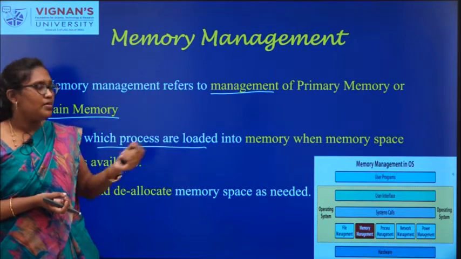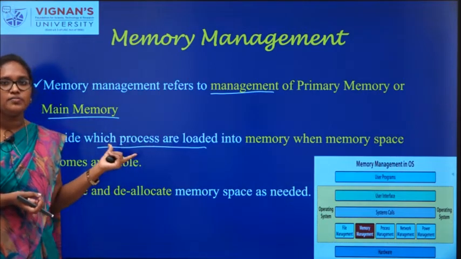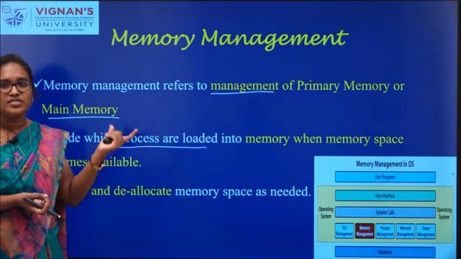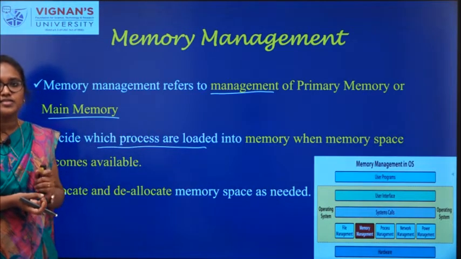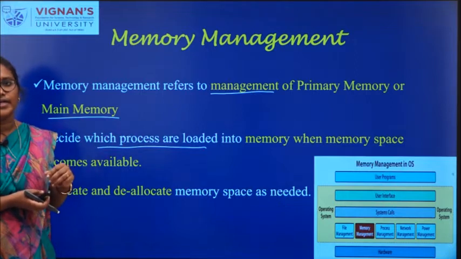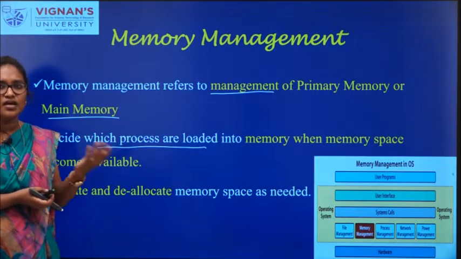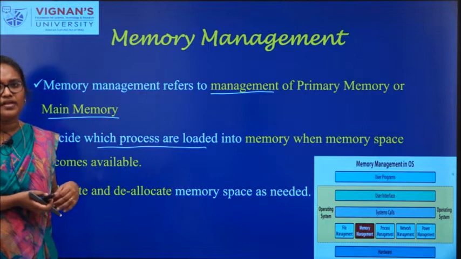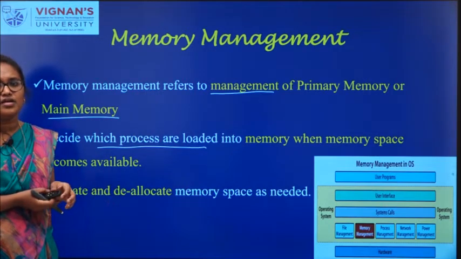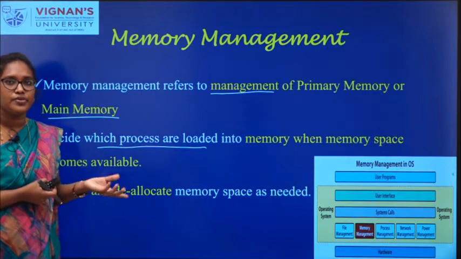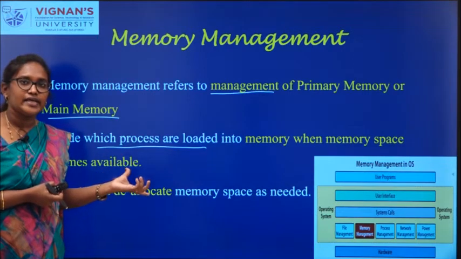So here, memory management means it will first check whether memory has space to receive the amount of data. If it has the space, then the data will be taken. If it does not have the space to store in a computer, it will deallocate.